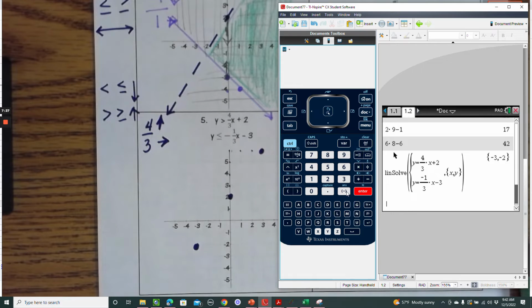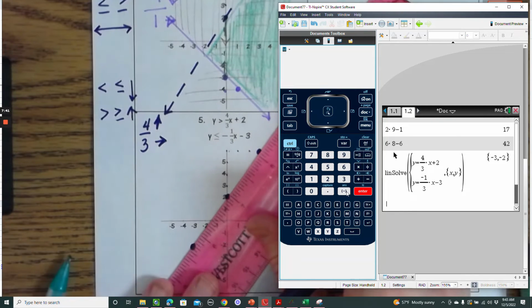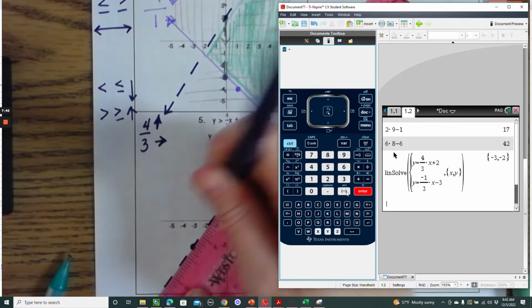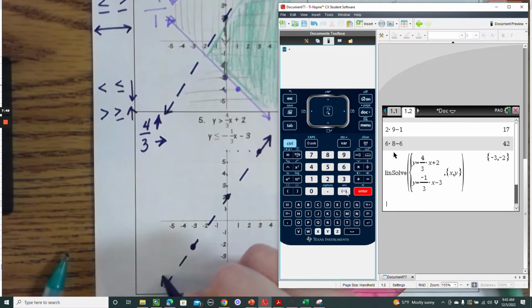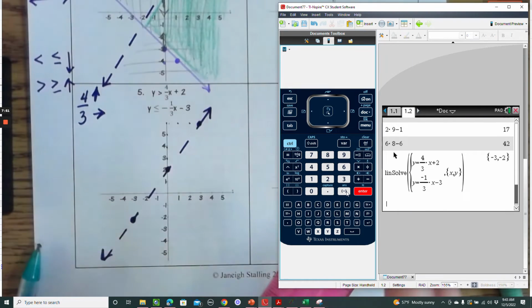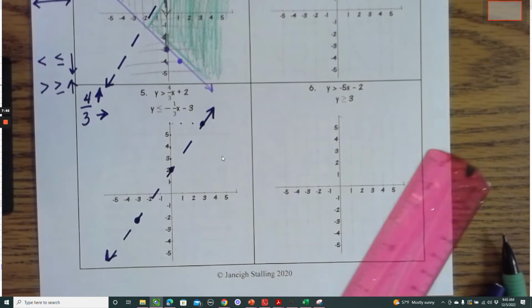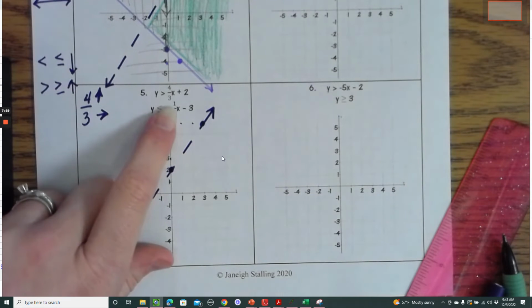All right, and then we said dashed line. Okay, so there's that one. And then my other line, y is less than or equal to, so solid line, negative 1/3 x minus 3.